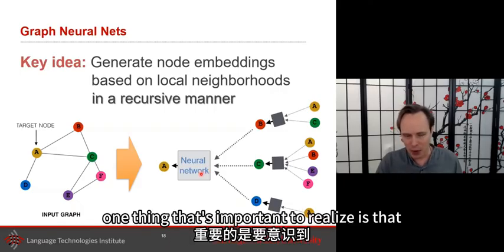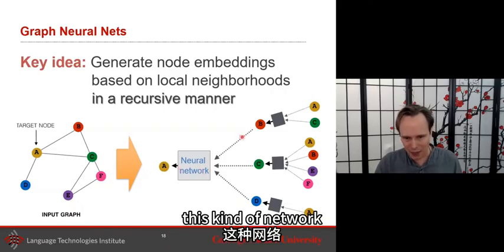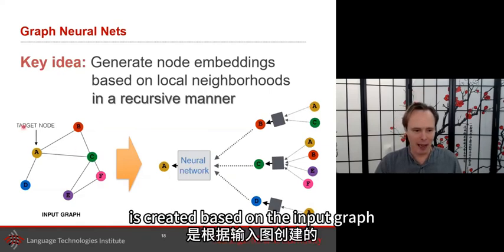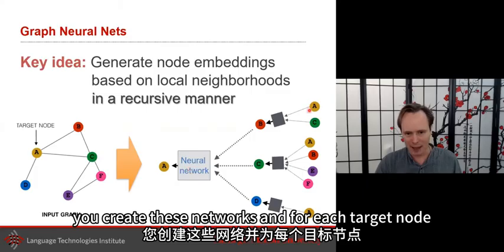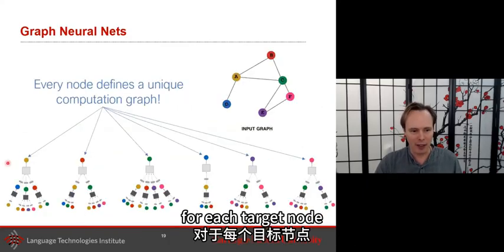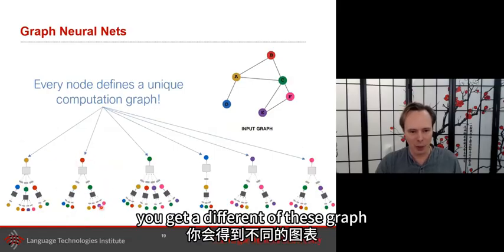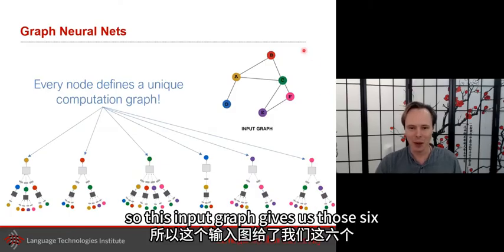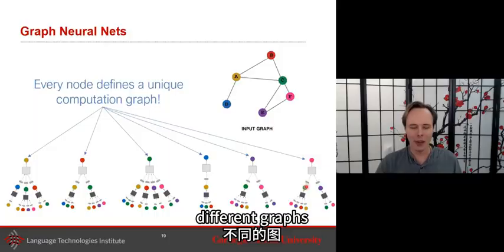One thing that's important to realize is that this kind of network is created based on the input graph. You create these networks, and for each target node, you get a different one of these graphs. That's really interesting. So this input graph gives us those 6 different graphs.